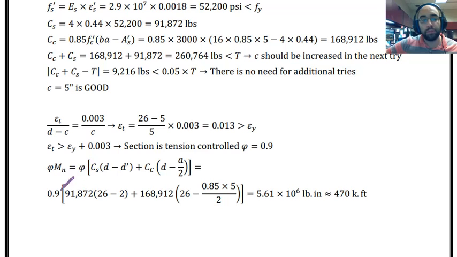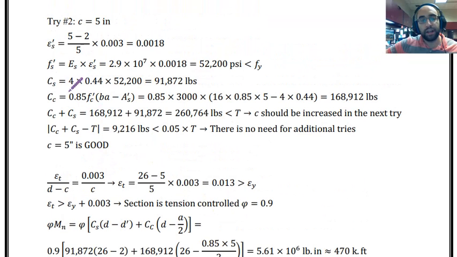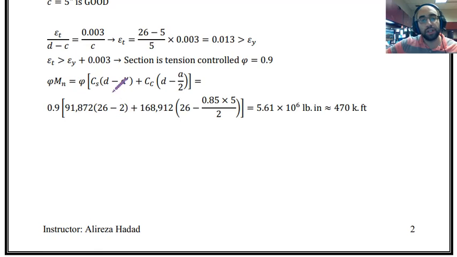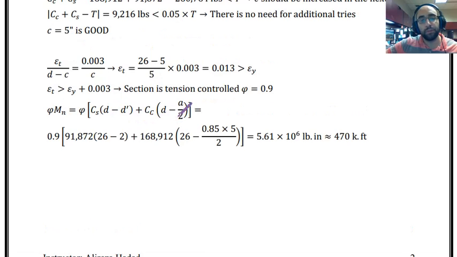Phi is 0.9 because section is tension controlled. CS and CC are the values that we calculated before. As you can see, these are over here. So I'm going to use these values in the equation, and then d minus d prime and d minus a over 2 are based on the geometry of the section, and a is just 0.85 or beta 1 multiplied by c.